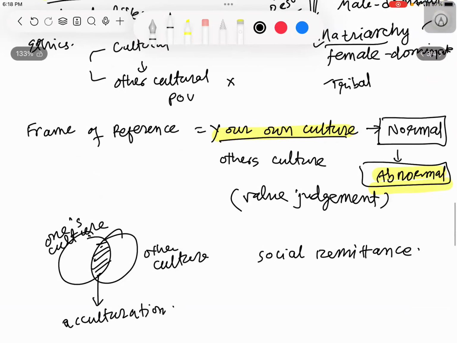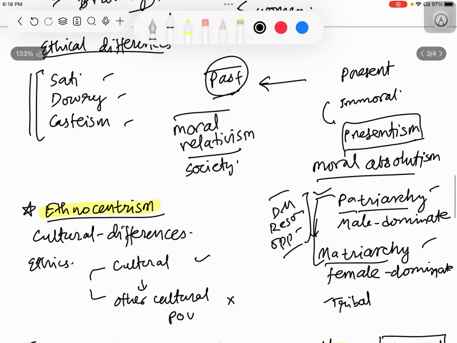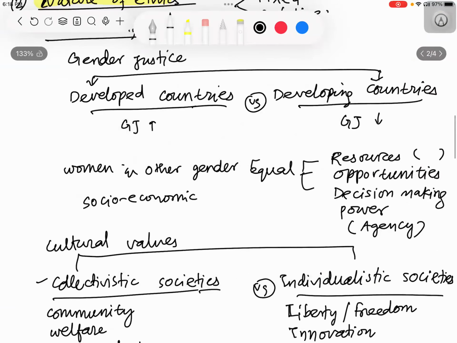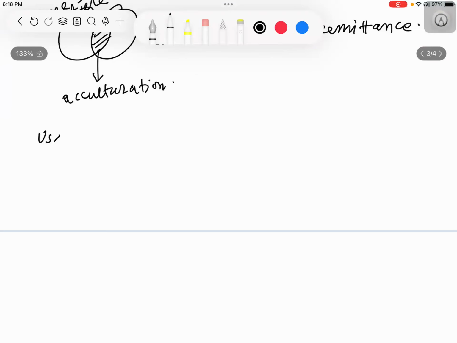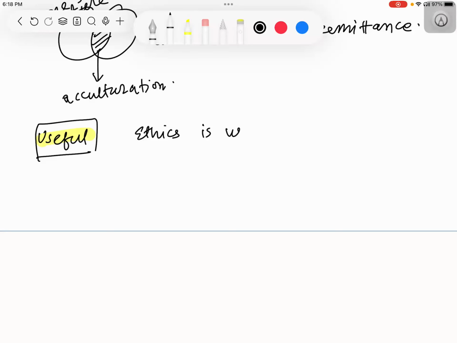Okay, now come to what we did. The first point was nature of ethics, cultural differences. Now another point of ethics would be that it is useful. We have seen nature of ethics and now we are looking at essence of ethics. Another point of the essence of ethics is that ethics is useful. Now can you tell me how is it useful? Decision making. Very good. Rather, I had told you trust building.